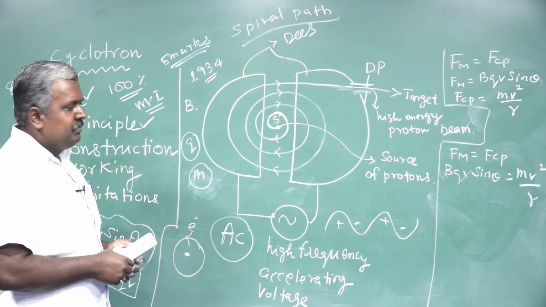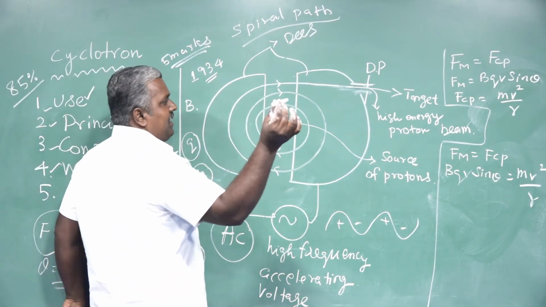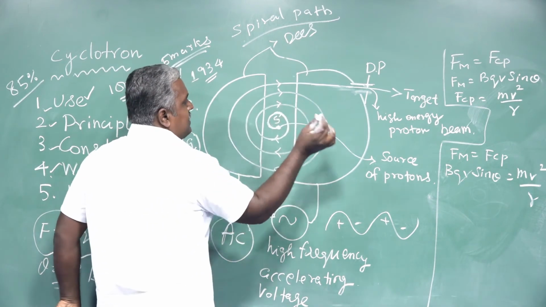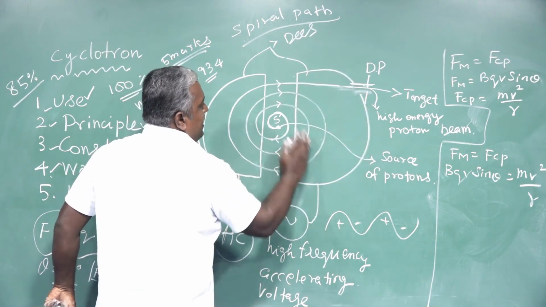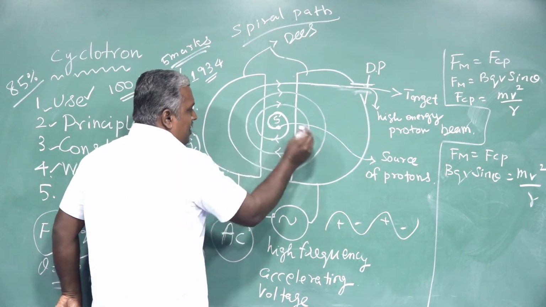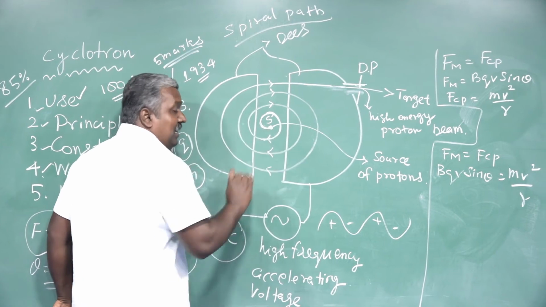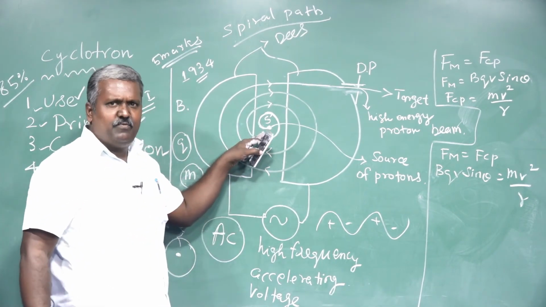Here theta will be 90 degrees. What is the reason? The magnetic field is produced with the help of a strong electromagnet. The magnetic field acts perpendicular to the plane of the D's. So here the movement of the particle is like this, and the magnetic field acts like this. Both are perpendicular to each other, so it experiences maximum force.